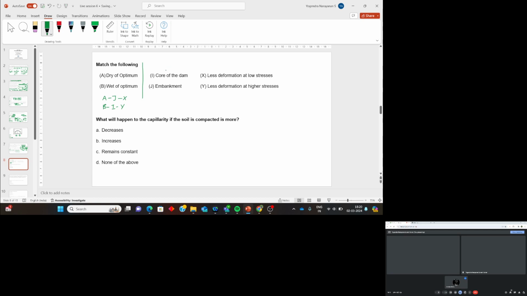So obviously you know core of the dam and embankment. Now when dry of optimum is there, this is the applied stress, and this is the volumetric deformation, that is e. So what happens at lower stresses? The curve will be like this, this is dry and this is wet.